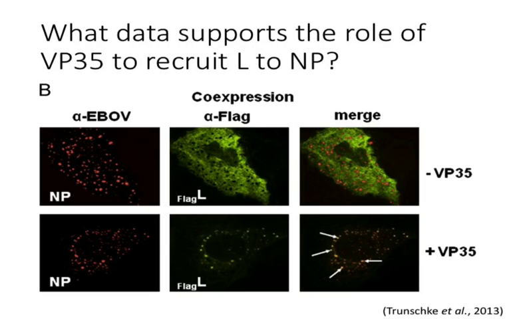And then in the green, we have L, the polymerase. And note the difference between the top and the bottom is minus VP35 or plus VP35. So take a look at those results for a minute, and then tell me about the localization of NP and L in the presence and absence of VP35.